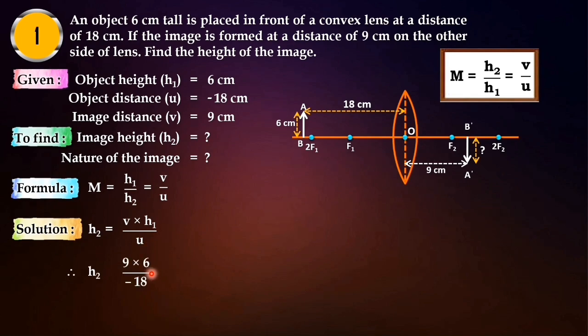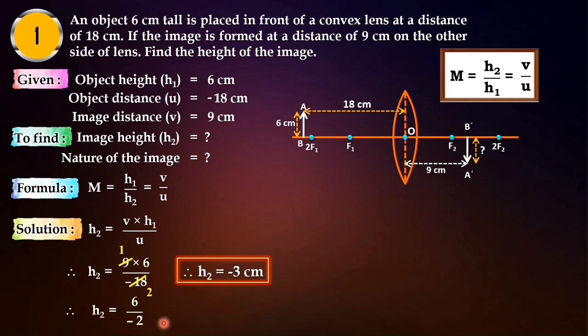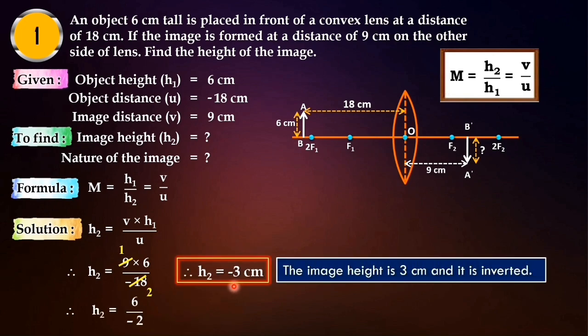Therefore h2 equal to 9 into 6 by minus 18. Right? Now do the calculation. So we will get h2 equal to minus 3 cm. So the image height is 3 cm and the nature of the image is inverted. The image is 3 cm tall and the image is inverted. As you can see here, it is inverted.